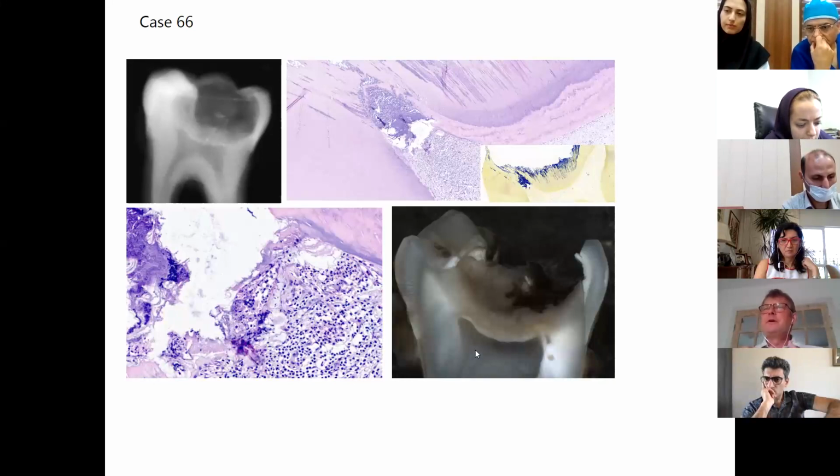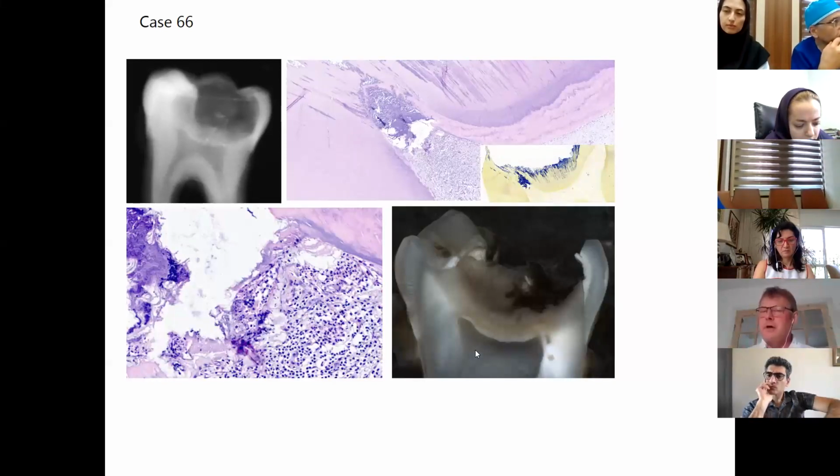But if you do it in a case where you have a deep lesion and a radiopaque zone on the X-ray, it will be possible. So I'm actually using the X-ray a lot for a decision like this.